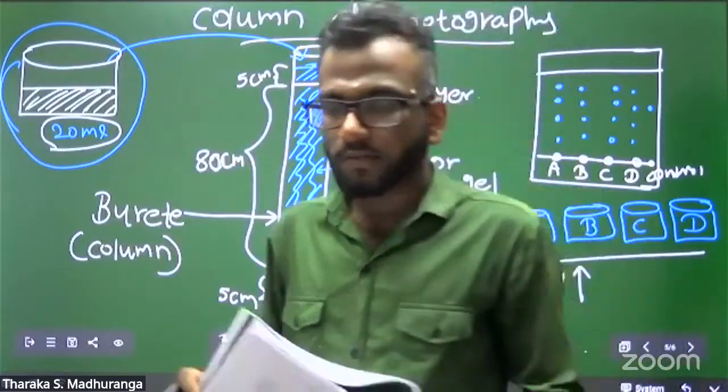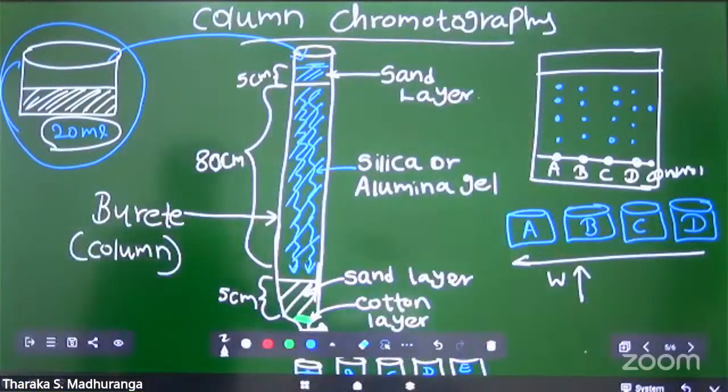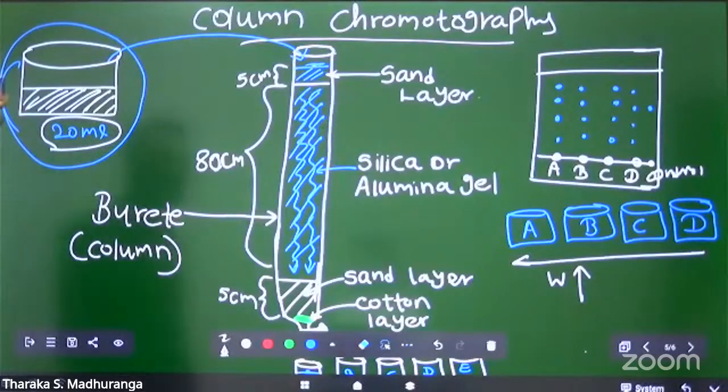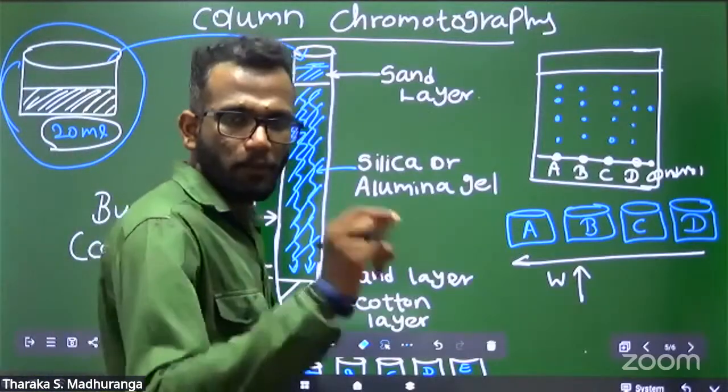Any doubt? That's all about chromatography. Now we are going to finish the chromatography. Any doubt in the chromatography types or whatever steps? No? Okay, if you don't have doubt, tell me the final point.